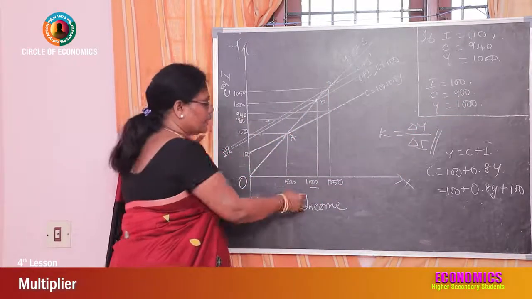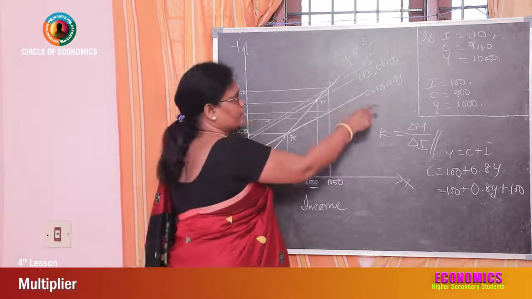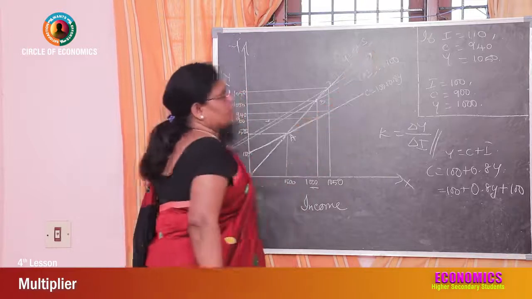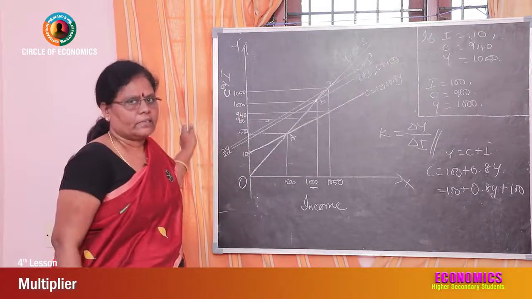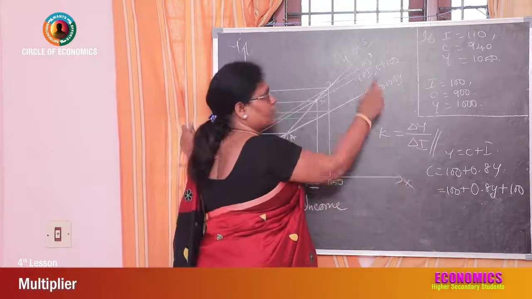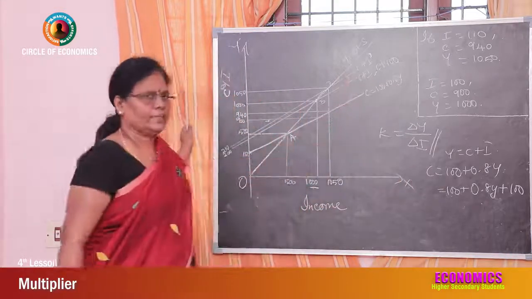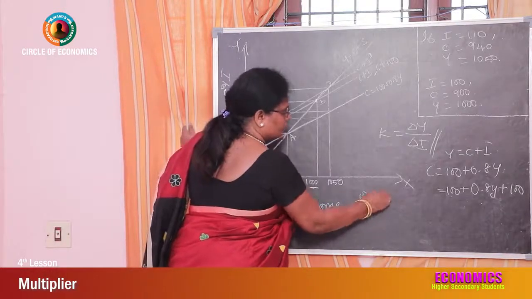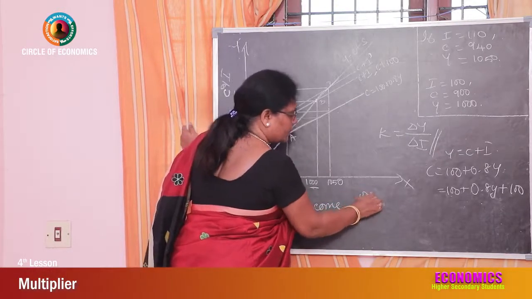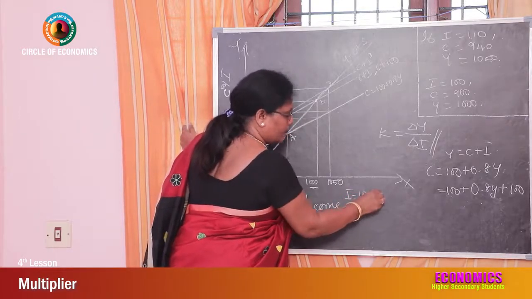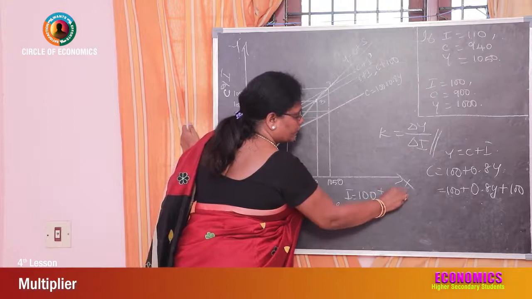So when this investment increases to 110, that is C plus I dash, investment has increased from 100 to 110.